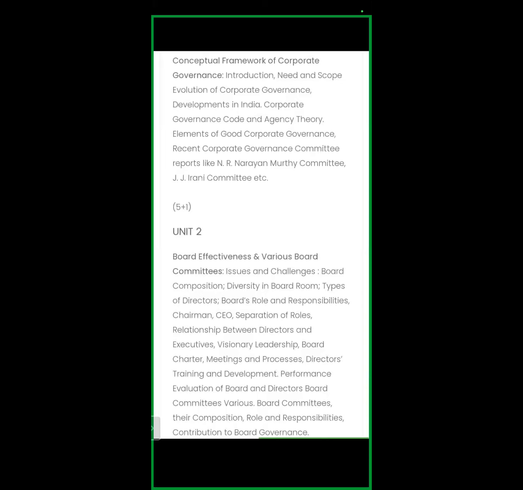Later on, in late 90s or in early 2000, when there were certain frauds made by certain companies, which resulted in loss of money for many people, the government thought that there has to be certain committees set up by the government which can suggest what changes can be made in the existing rules and regulations which can help the government to avoid these frauds.